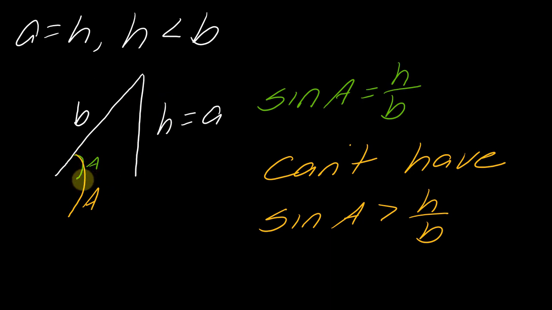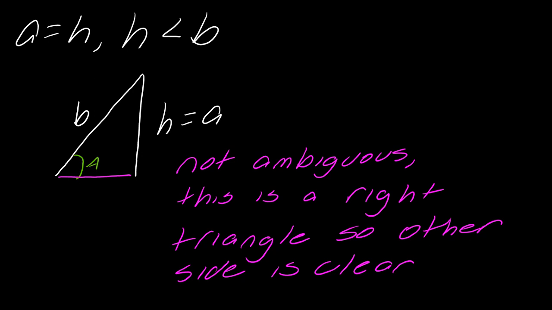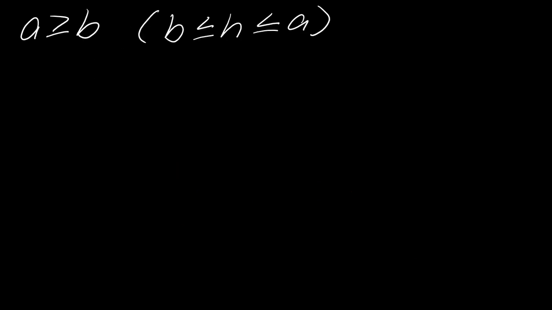If you're thinking, why can't I have a larger angle A, that will violate what we know about right triangles. So this situation simply can't happen. There's this relationship here, so we're protected against that, is what I'm trying to say. So this is not an ambiguous case. It's just a right triangle. Right triangles, we've talked about a whole bunch. So this is clear. This is a nice scenario, nothing to worry about here.